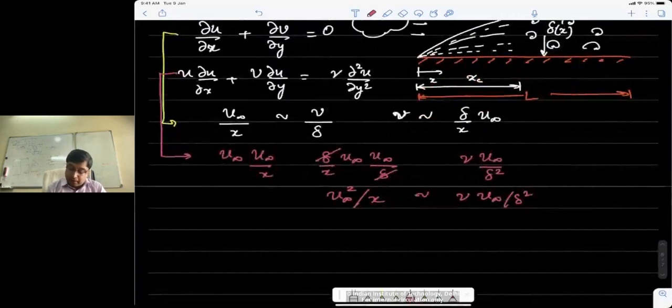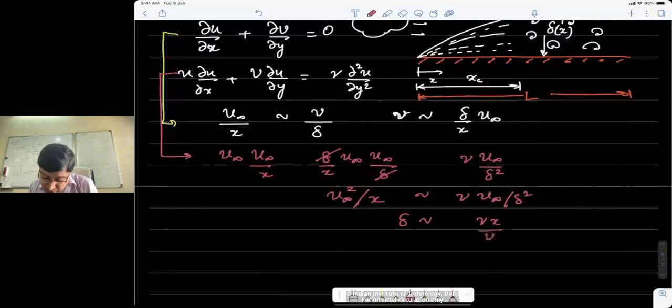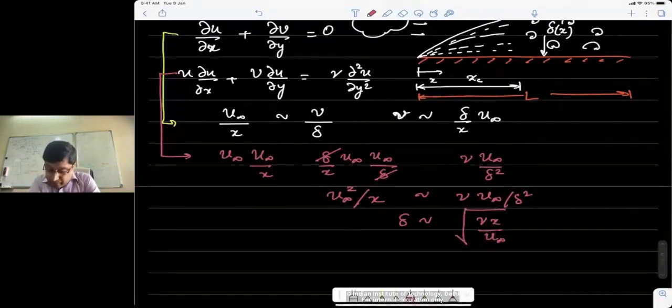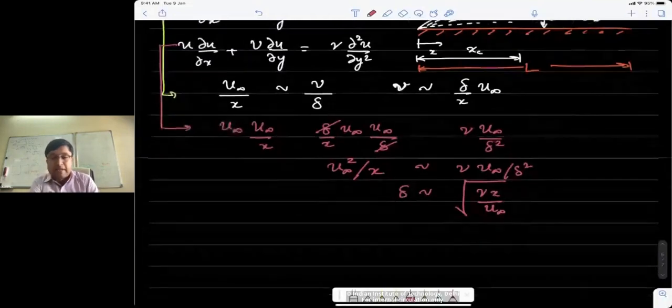So if the two terms are comparable, clearly delta will have to scale as the square root of nu x by u infinity. Meter squared per second, this becomes per second, so this cancels. So delta should scale as square root of nu x by u infinity, and that's actually quite a powerful result, because delta actually scales as some constant times this number. But just by order of magnitude analysis, we can show that delta would have some scaling of this type.